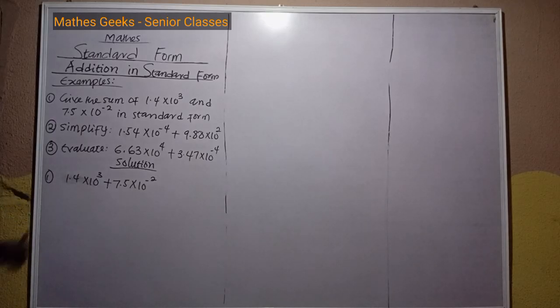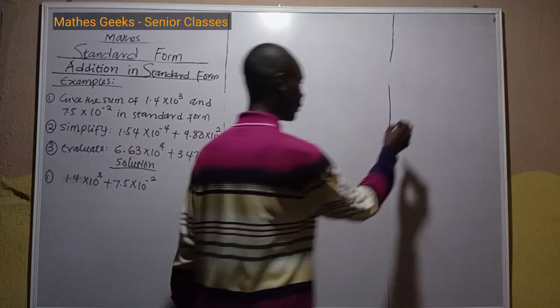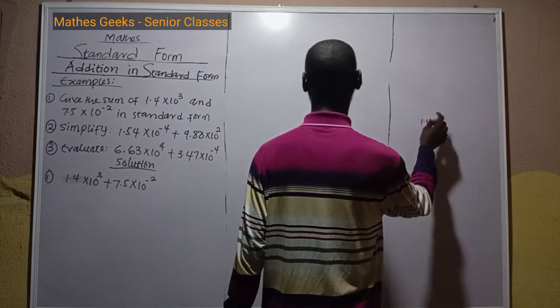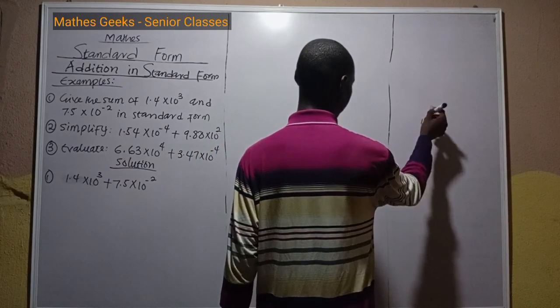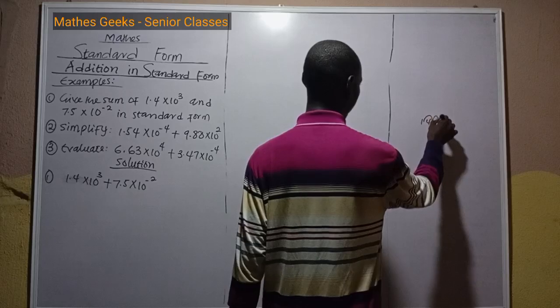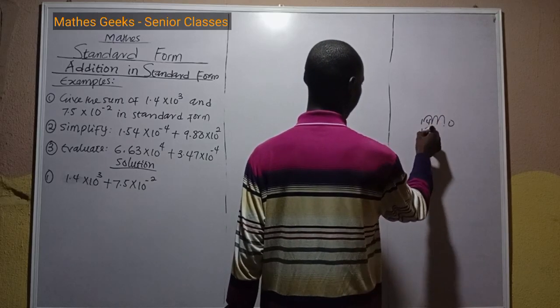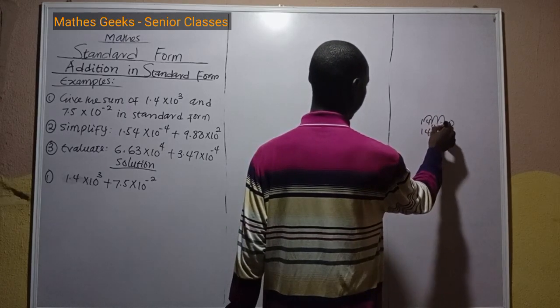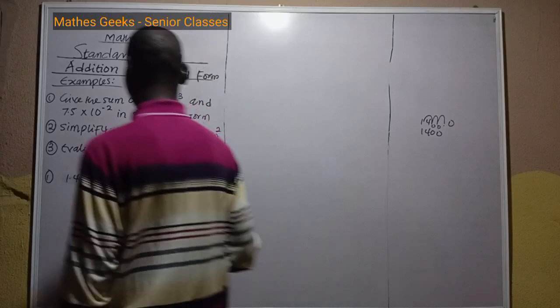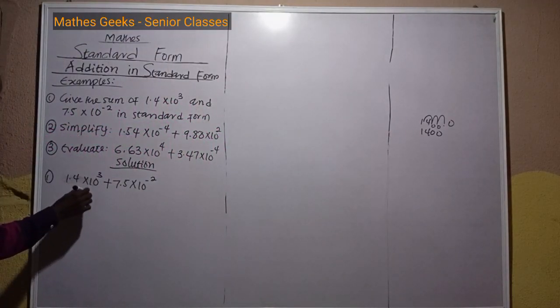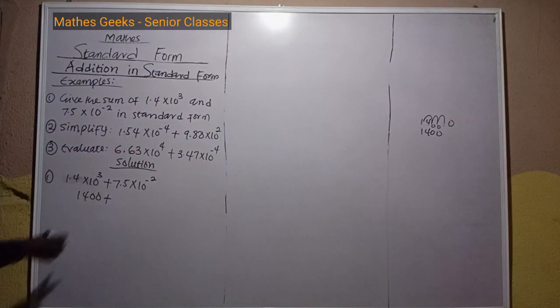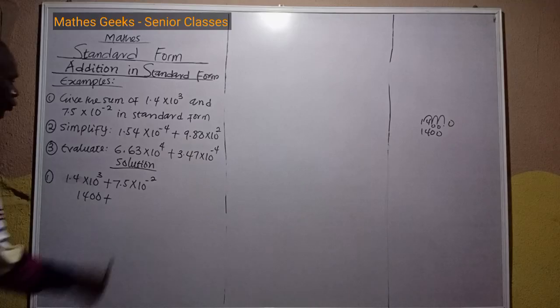For 1.4 times 10 raised to power 3, you're moving the decimal point forward. Since the power is positive, you go forward 1, 2, 3, so this is 1,400. That's 1,400 plus 7.5 times 10 raised to minus 2.